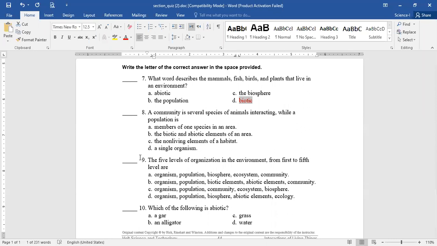So who can answer this, guys? A community is several species of animals interacting while population is. Ahmed Magdi?